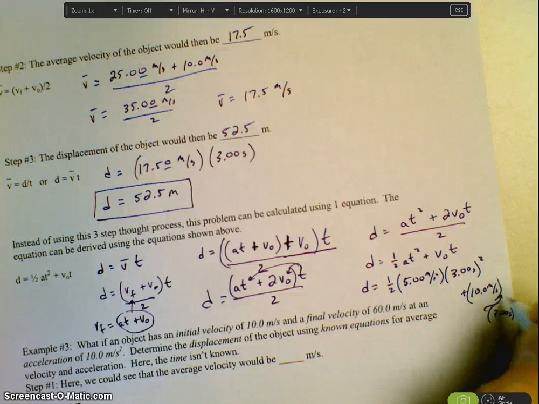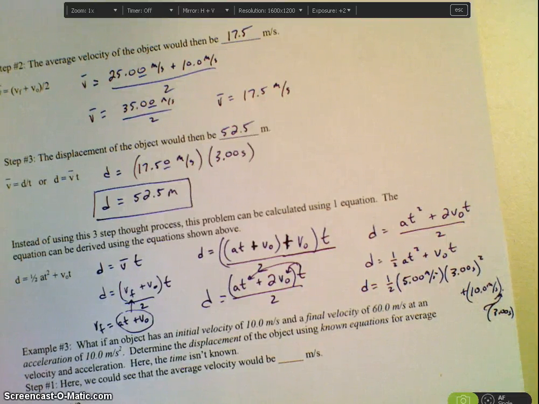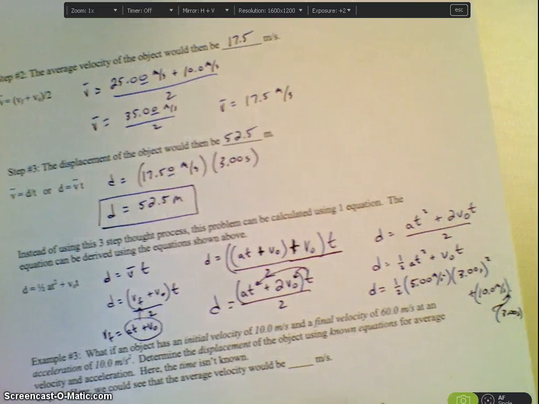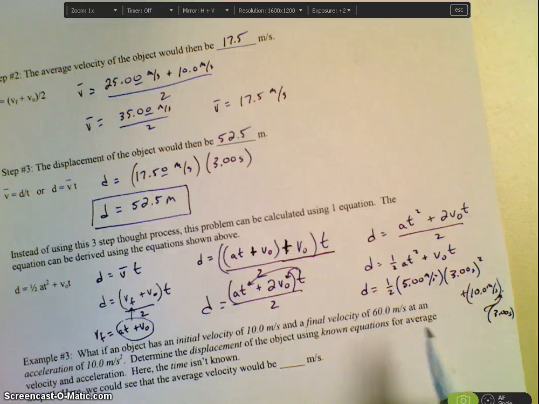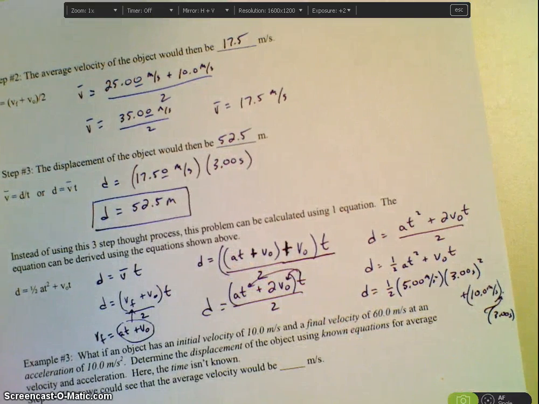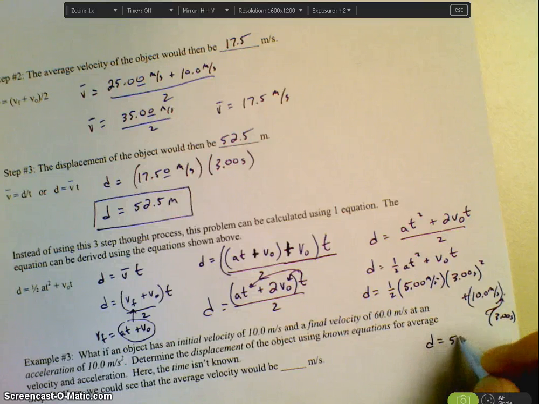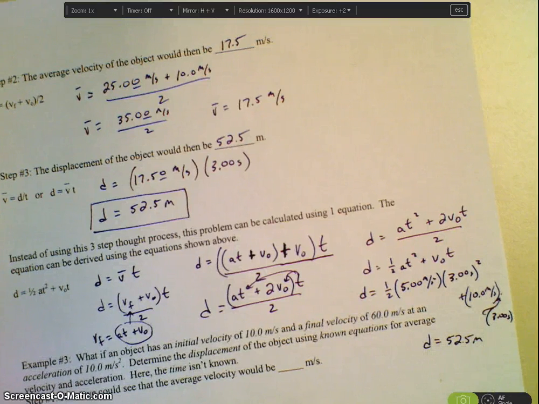And this isn't very good, that should be right in there. Didn't leave myself enough room. Should have started way over here. But if I then solve that, I'm going to get the same distance of 52.5 meters. So you can try that out, see if you get that particular answer in your calculator.